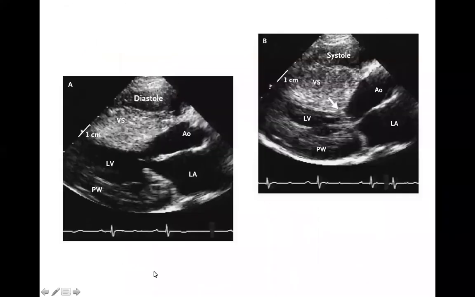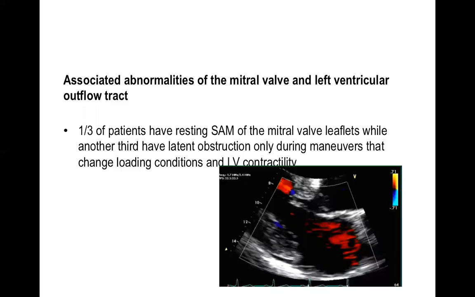This echo shows the interventricular septum during diastole, and this is during systole, where you can see the obstruction of the LVOT. As mentioned before, SAM is common in obstructive HOCM, and you can see the anterior leaflet of the mitral valve pulled into the LVOT.